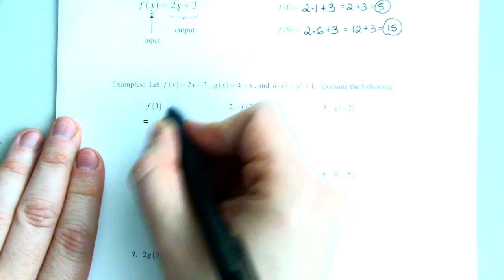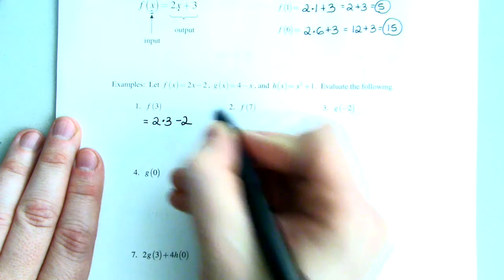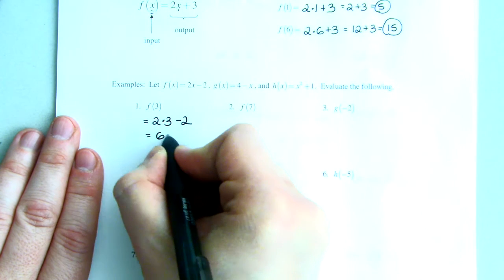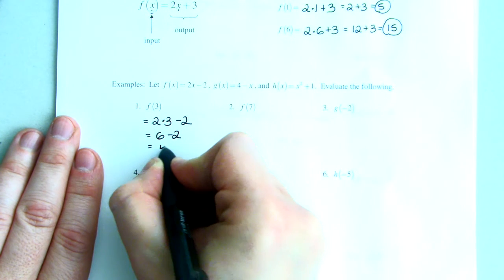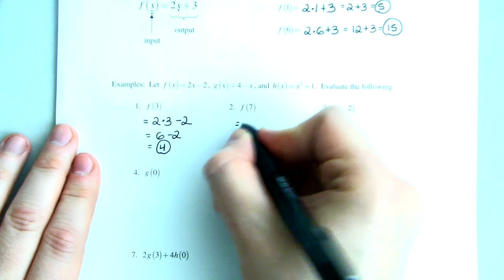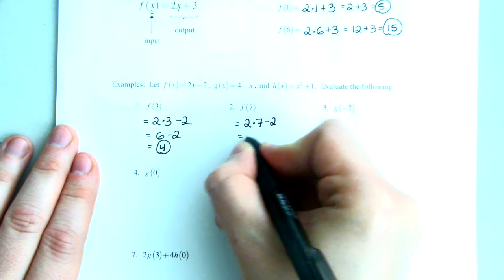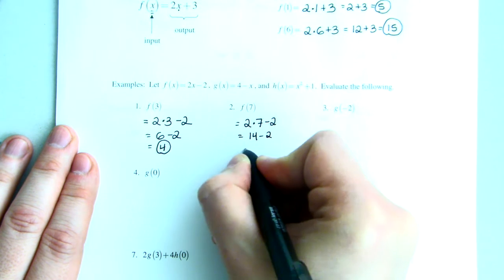Well, I'm going to plug 3 into my f function. I'm going to get 2 times 3 minus 2. 6 minus 2, I'm going to get 4. What's f of 7? Two times 7 minus 2, that's 14 minus 2.